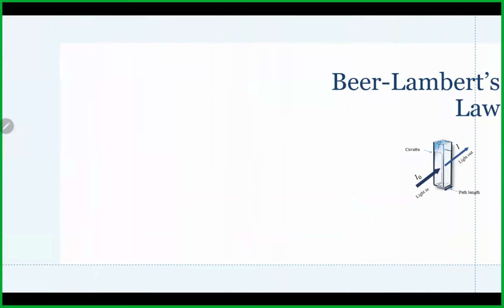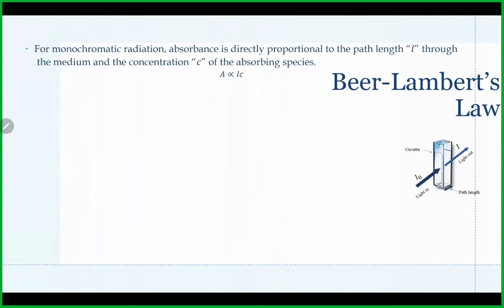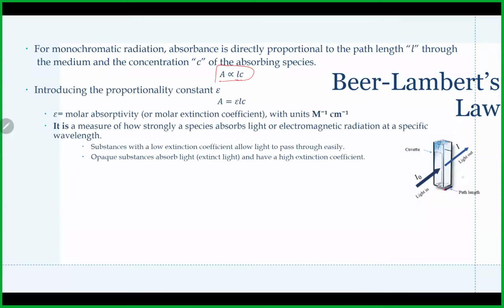Anyway, there's the Beer-Lambert law here, which says that the absorbance of light is directly proportional to the distance it has traveled in the sample times how many things are absorbing in the sample. So the higher the number of things that are absorbing, the higher the absorbance.